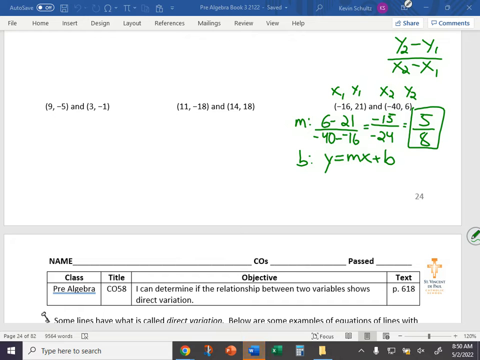Annie, do you want to use this ordered pair or that ordered pair? The first one. This one? Yeah. Okay. Everyone use this ordered pair. If you already started using the other one, fine. But if you haven't yet, use this ordered pair just so we can all stay pretty much consistent. But go ahead and plug in the values, plug in what we know.